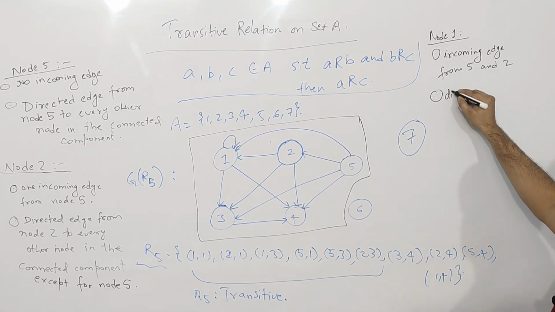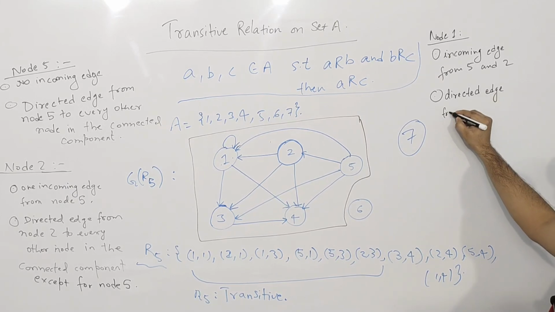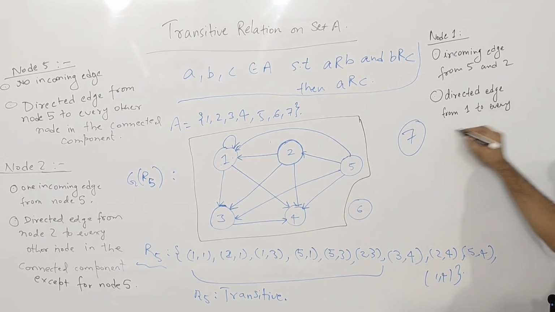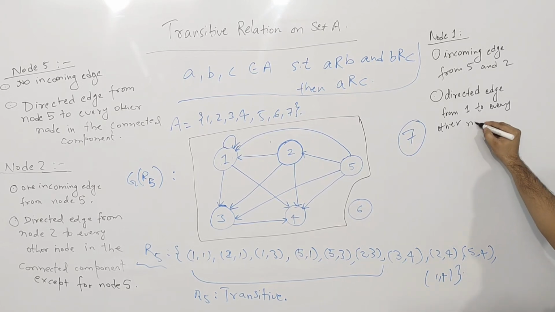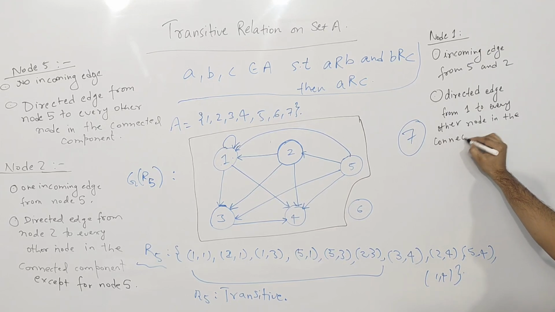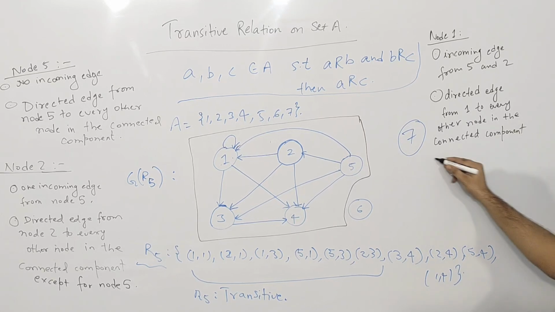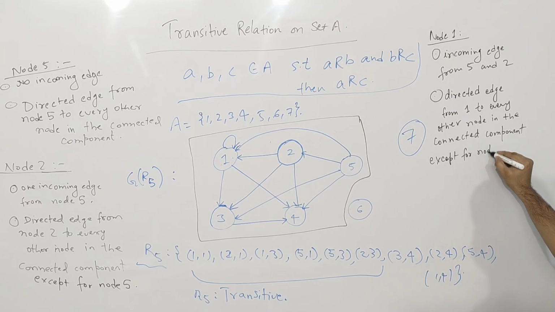You have a directed edge from 1 to every other node in the connected component except for node 2 and 5, right?